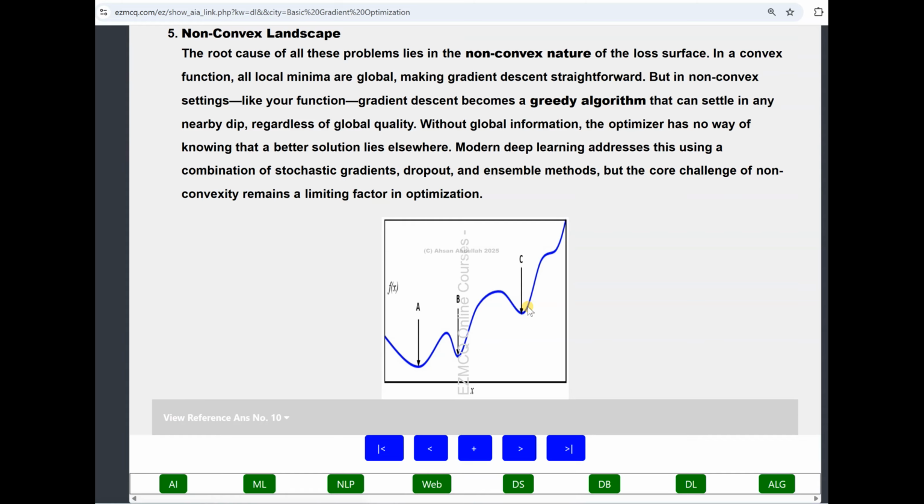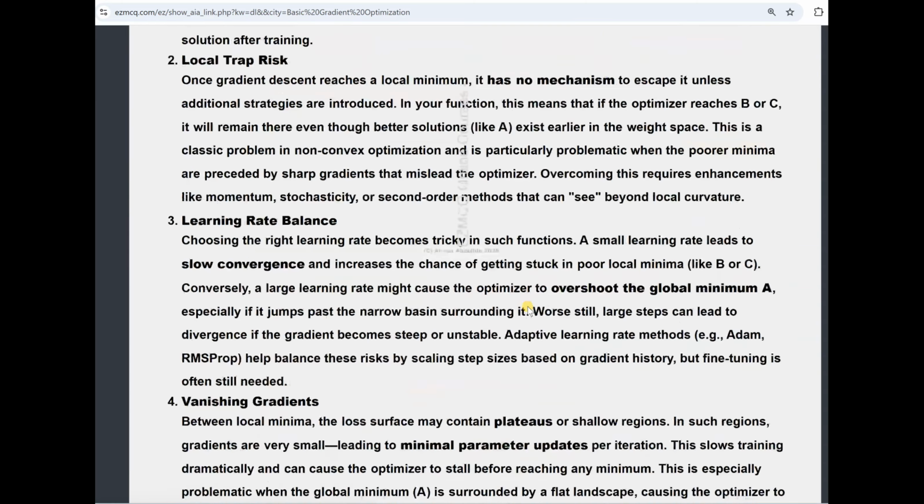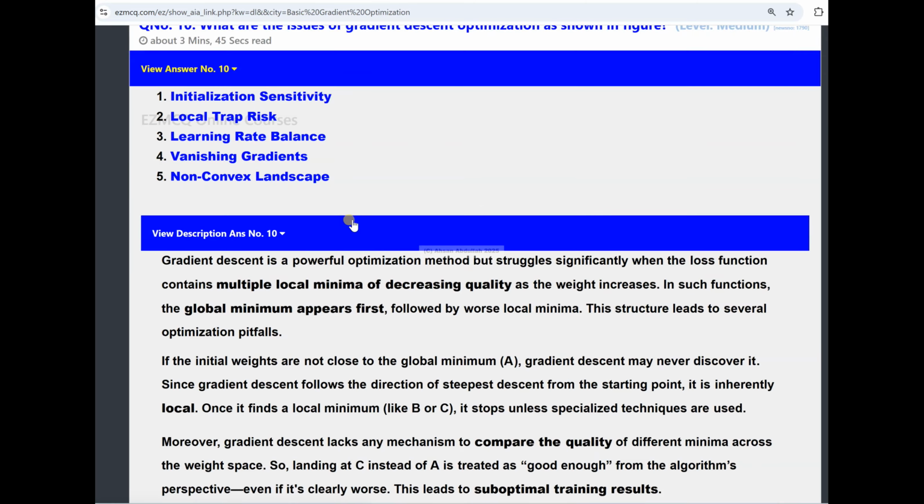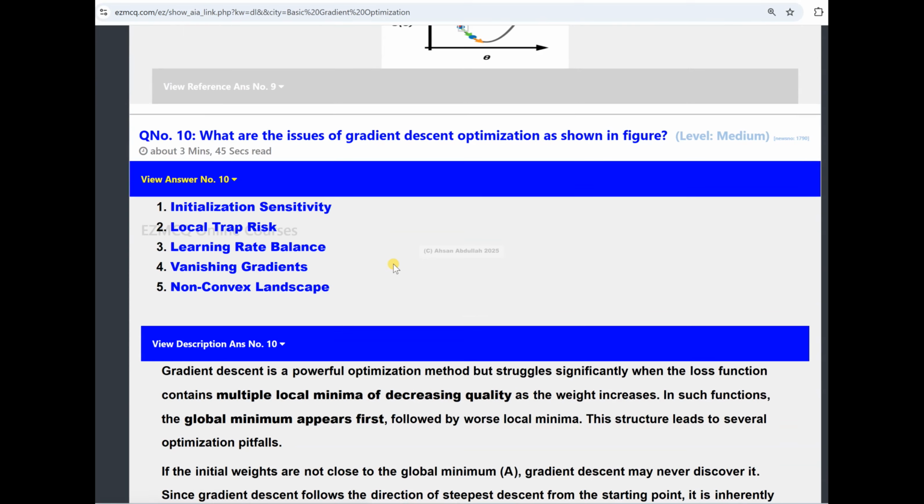So what we would like to do ideally, okay, let's look over here. Ideally, if we arrive at A, which is the global minima, it is wonderful, but that may not be possible because there's a local minima B, which is almost as good as the global minima.